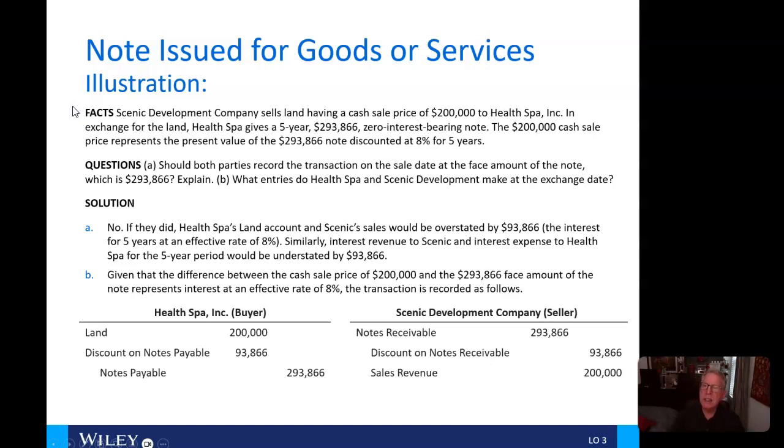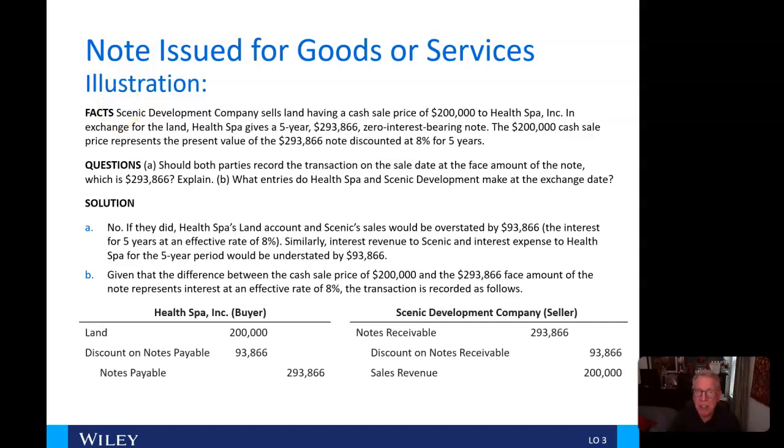Here, the Scenic Development Company sells land having a cash sale price of $200,000 to Health Spa Incorporated. In exchange for land, Health Spa gives a 5-year, $293,866 zero interest bearing note.